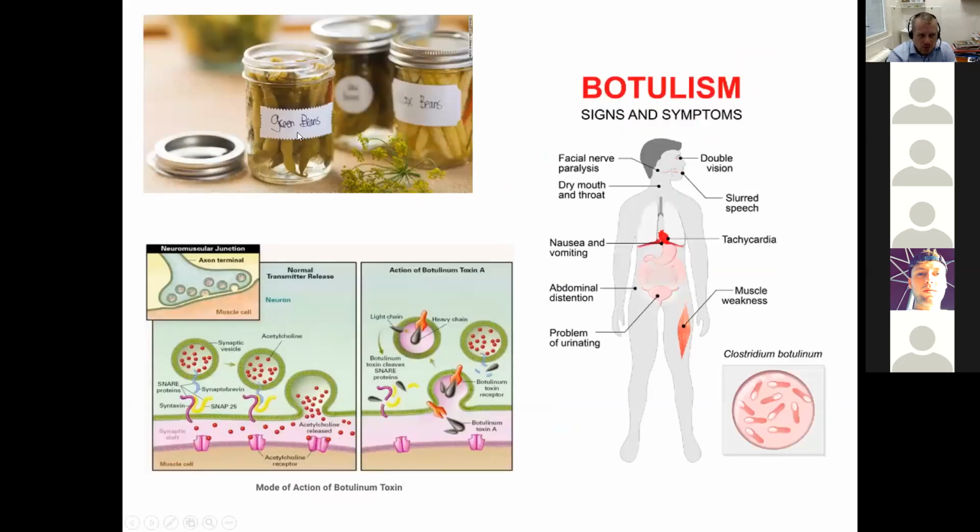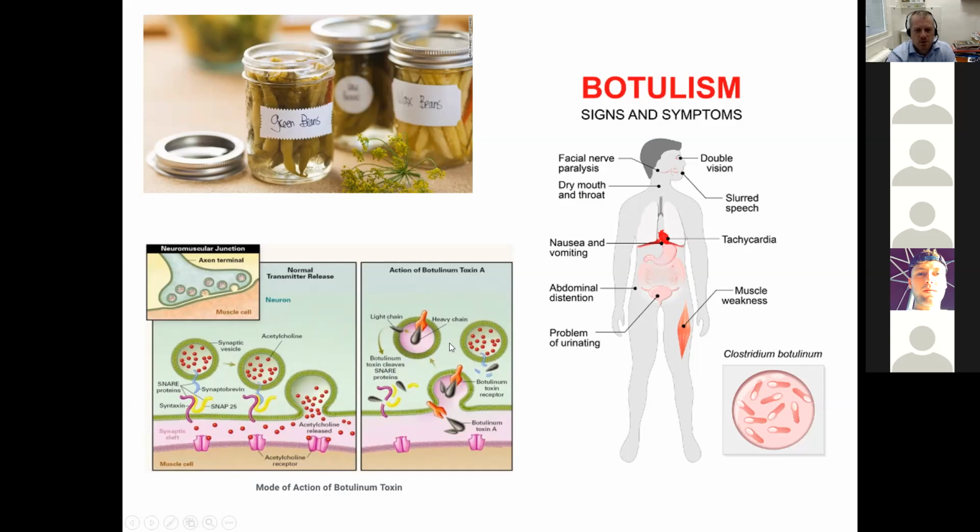And I go back to the botulin problem. The toxin released by this bacterium has more subunits, and some of them are decomposing the so-called SNARE proteins. And these SNARE proteins are vital for correct vesicular transport.